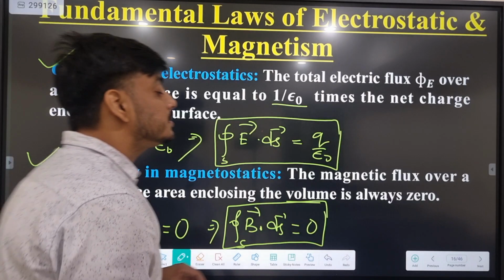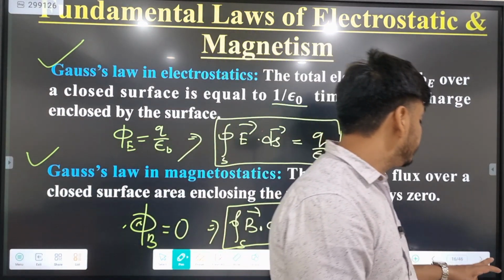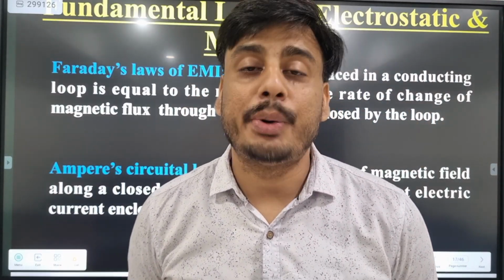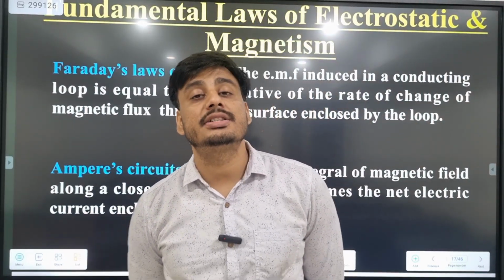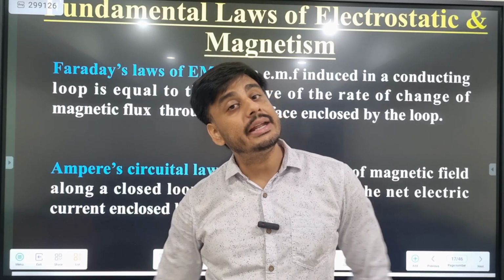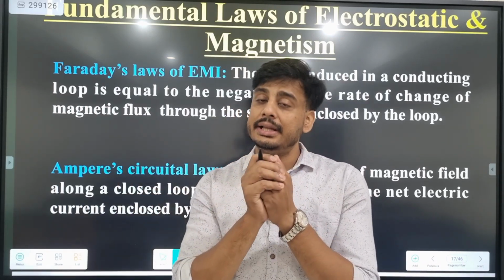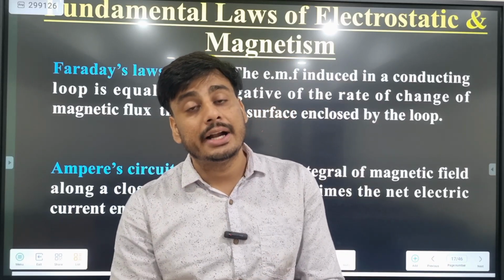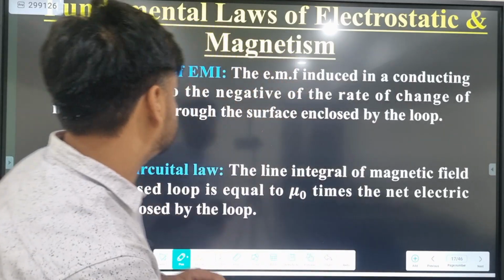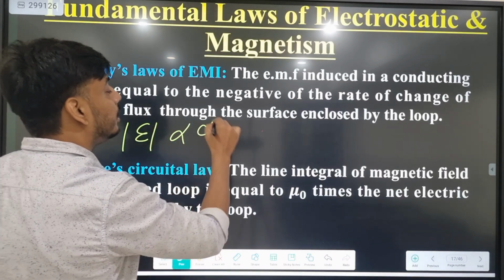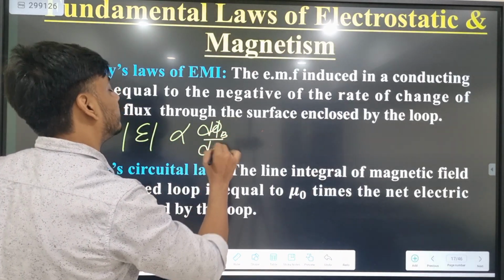Then the other two laws are Faraday's law of electromagnetic induction and Ampere's circuital law. Faraday's law of electromagnetic induction states that whenever the magnetic flux linked with a coil changes, an EMF is developed, and the magnitude of the EMF developed is directly proportional to the rate of change of magnetic flux.